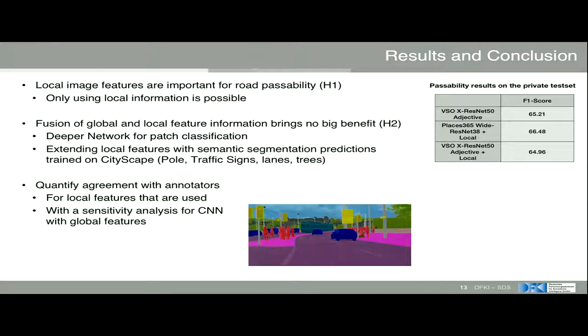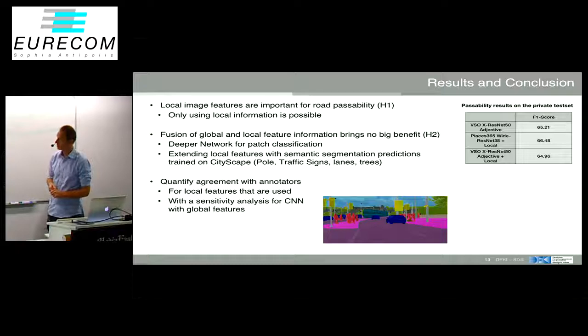Something we would like to investigate further is adding more information into the local features. Right now it was quite restricted: we used a very small network to classify this, and we always resized the images to the same input. One approach would be to use fully convolutional networks to allow arbitrary input size.